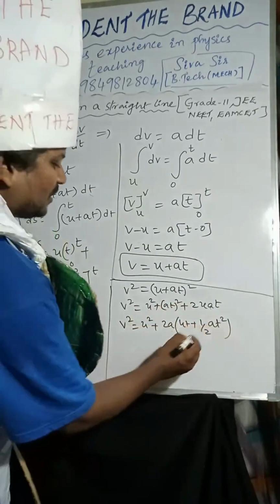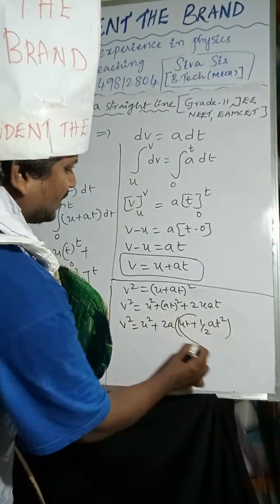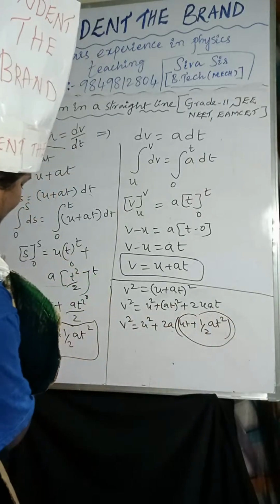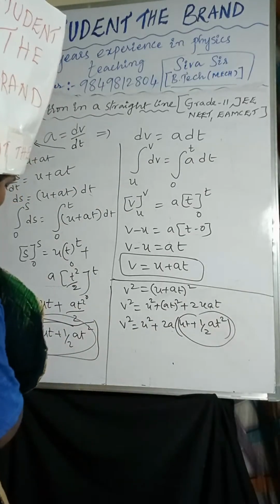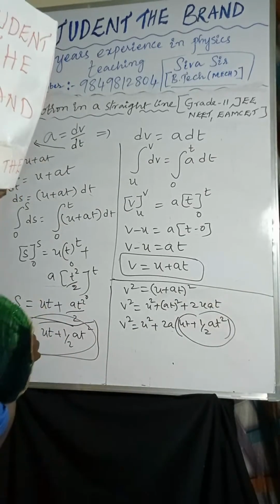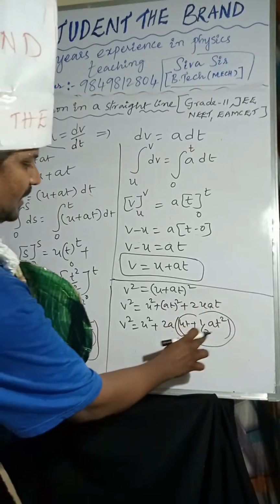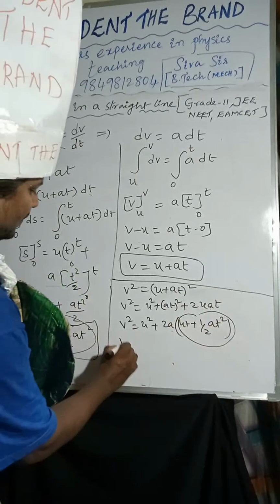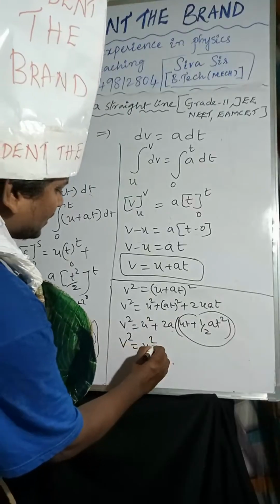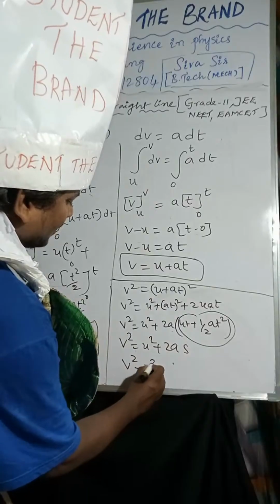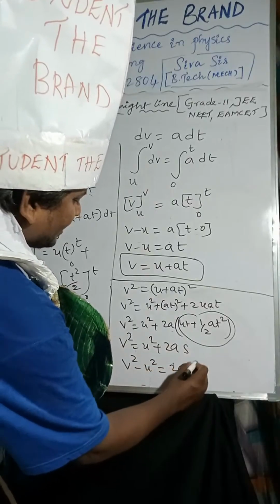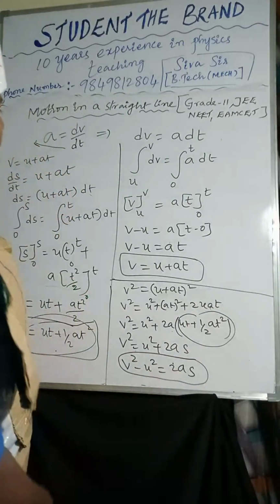So ut plus half at square, what is the formula? Ut plus half at square is S. So v square equal to u square plus 2as, that is, v square minus u square equal to 2as. This is the third equation.